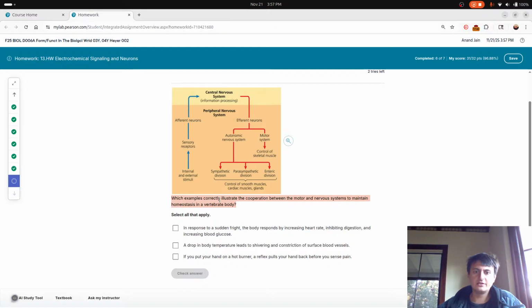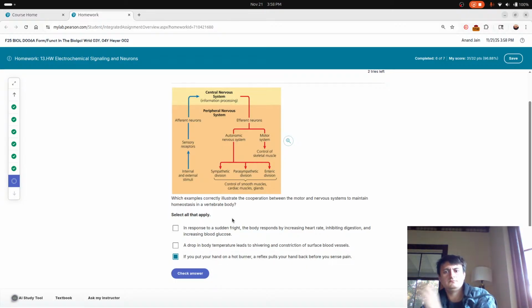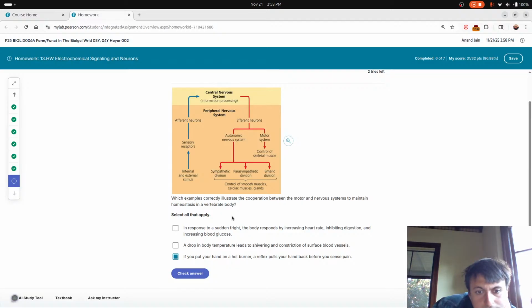Which examples correctly illustrate the cooperation between motor and nervous system to maintain homeostasis in a... I feel like all of these.